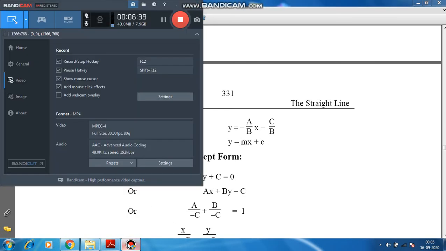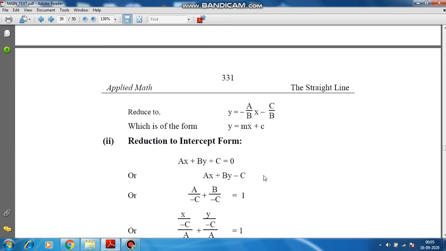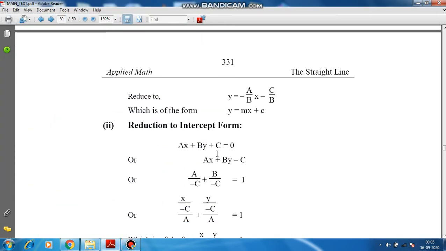Next, we transform the general equation into intercept form. Intercept form means x by a plus y by b equal to 1.